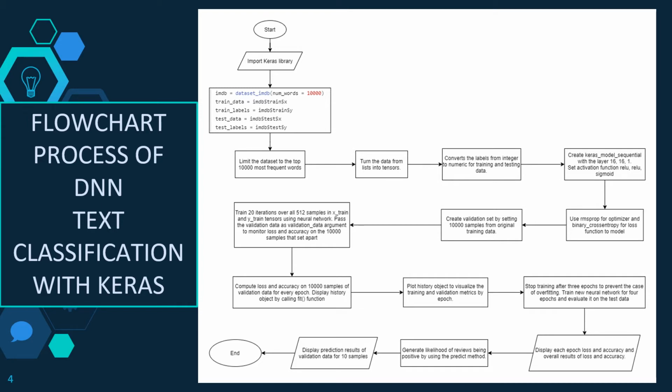First, start, and then import the Keras library, and then imdb equals dataset_imdb, with num_words equal to 10,000, and then train_data equals imdb$train$x, and then train_labels equals imdb$train$y, and then test_data equals imdb$test$x, and then test_labels equals imdb$test$y.